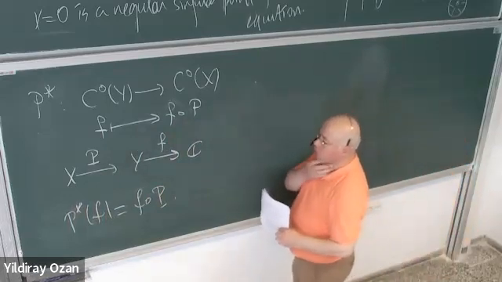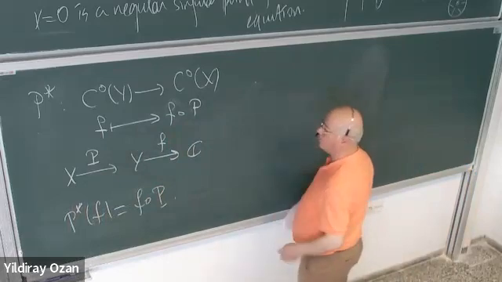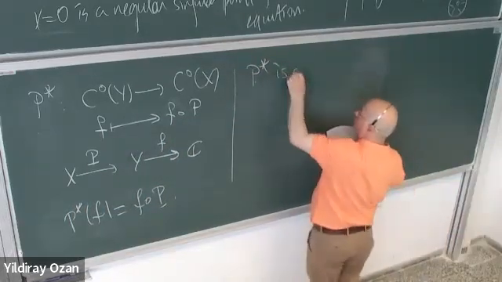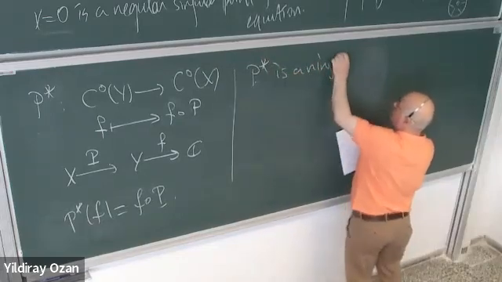This is a ring homomorphism. So P star is a ring homomorphism.